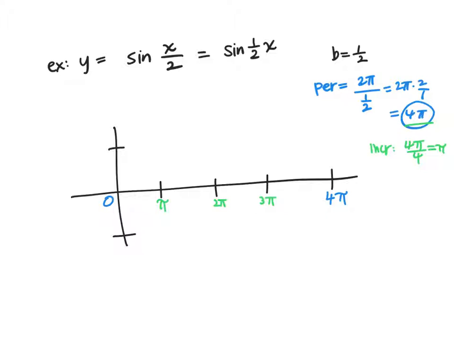In the y direction, because my a value was 1, I'm going between 1 and -1. Recalling that this is a positive sine graph, I start at the intercept, go to max first, intercept, minimum, and then intercept again. And I can go ahead and connect the dots. So that's the basic shape that we have, and that is my final answer.